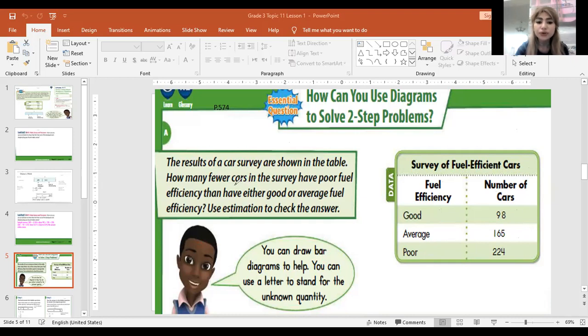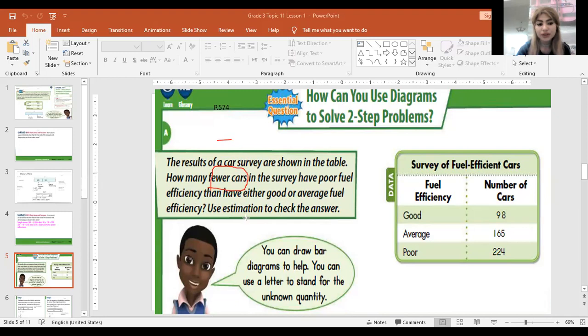How many fewer cars? When I see fewer, it means I will do subtraction. It means he needs to know the difference. So I'll do minus. When I see fewer, I do subtraction. In the survey, have poor fuel efficiency, then have either good or average.